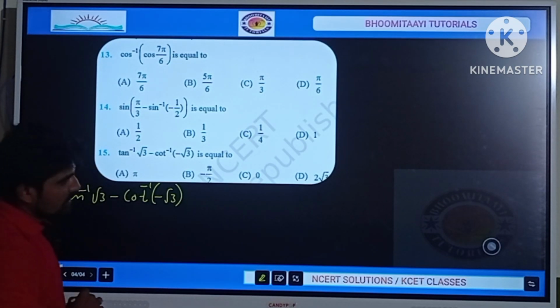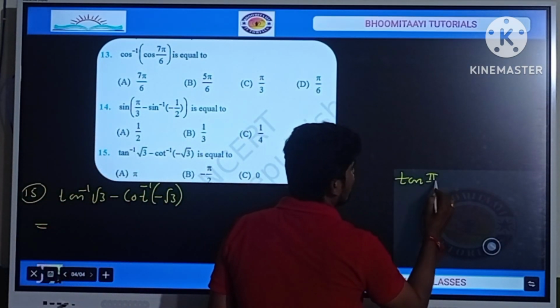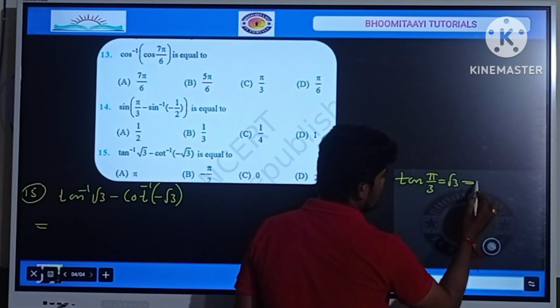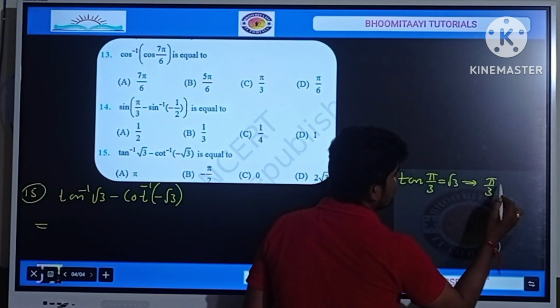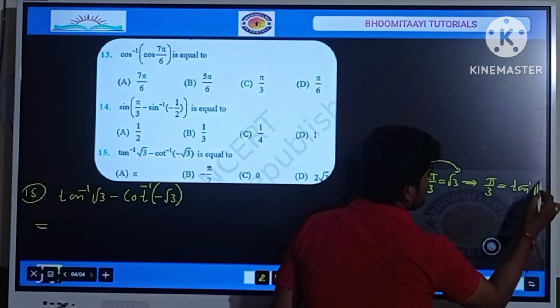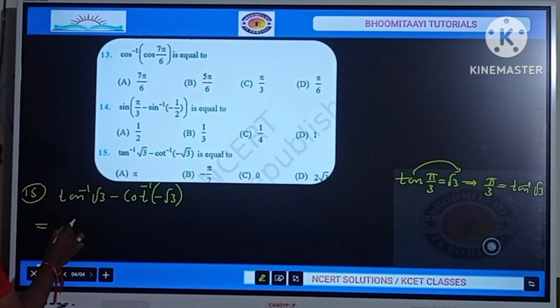So we know that tan pi by 3 is equal to root 3, which implies pi by 3 is equal to tan inverse of root 3. Therefore, the value of tan inverse root 3 is equal to pi by 3 minus.